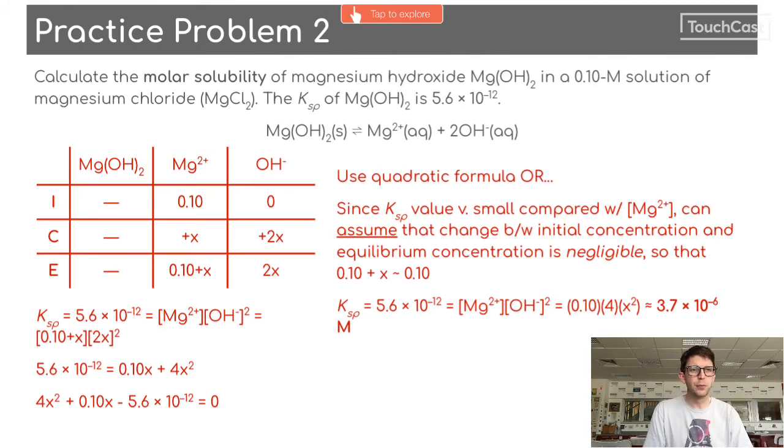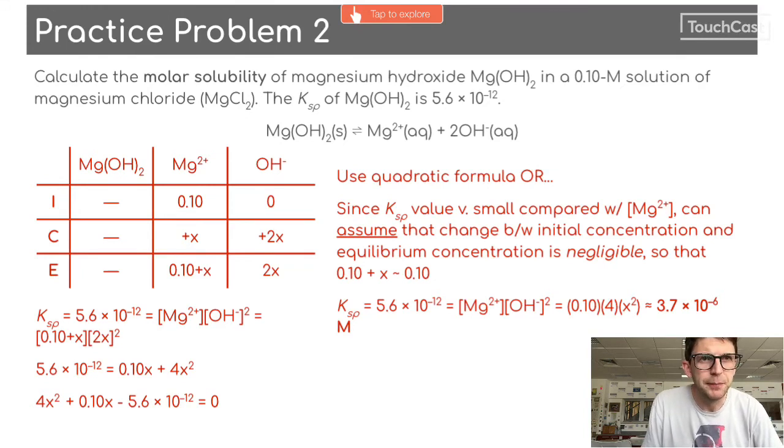Now, I know that you probably want a hard and fast rule about what exactly is small. What's the cutoff? The cutoff is usually about 5%. Let me rephrase that so I'm clear.